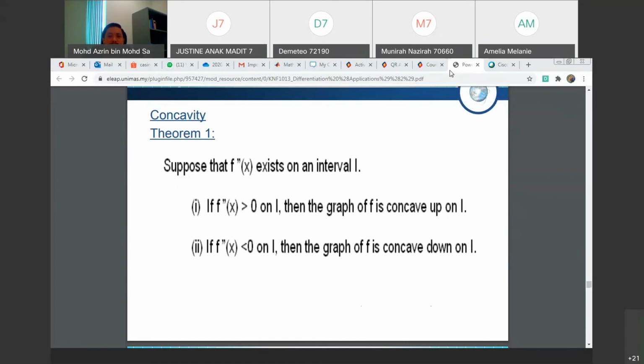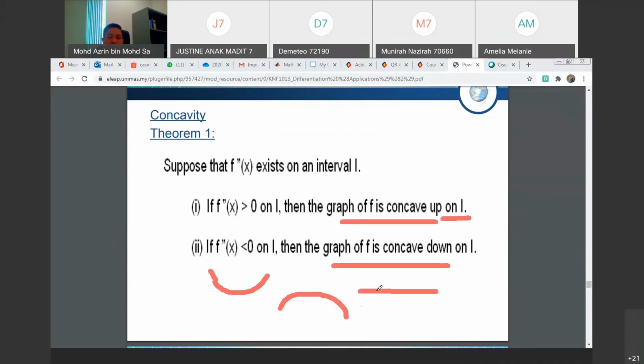Rasanya ada satu soalan untuk final later about this, to draw the graph lah, whether it is concave up ataupun concave down. And also you need to find, mungkin you kena buat table. Okay, buat table, letak macam ni, macam ni, macam ni kan.